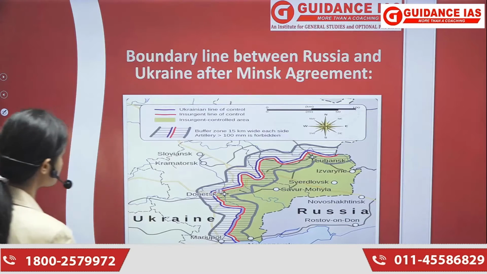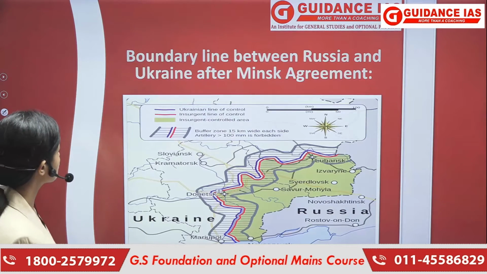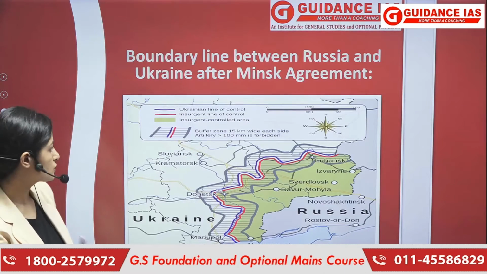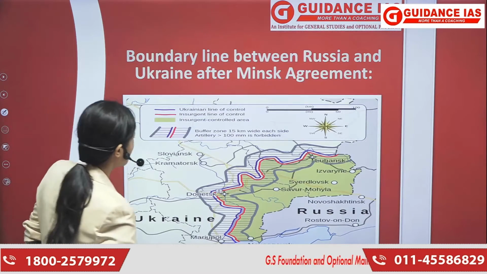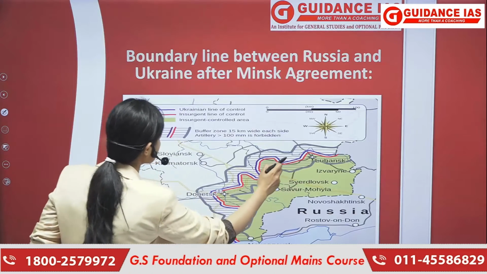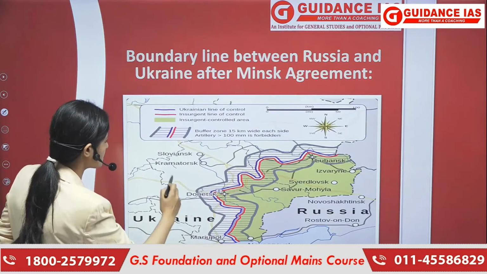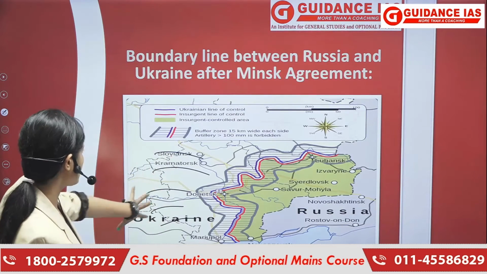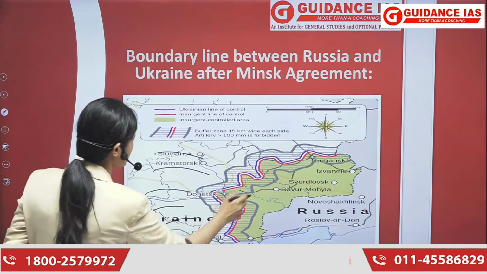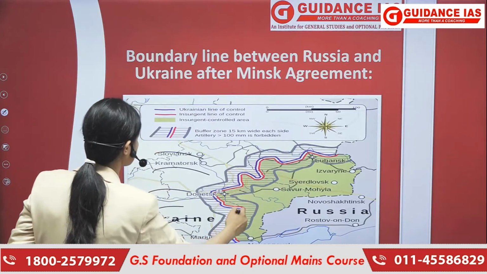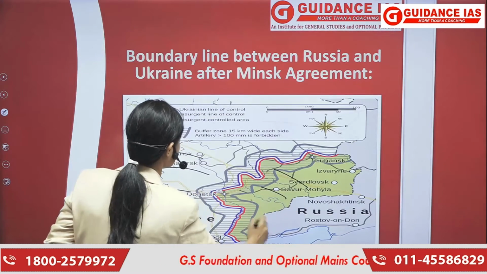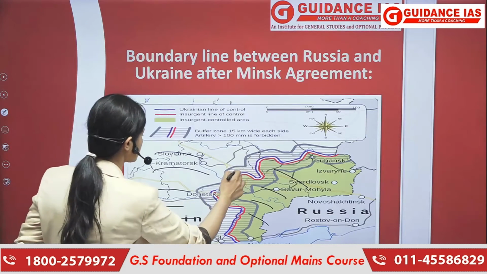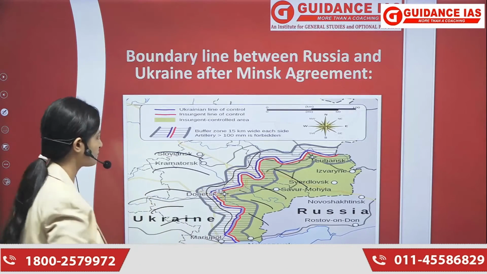All right, this is a map showing the boundary line between Russia and Ukraine after the Minsk agreement. Now what are those boundary lines? I'll tell you. The blue line you can see is the Ukrainian line of control. This area is the Ukraine one, right? The red line is the insurgent control, where you will see the Donetsk and Luhansk regions. In between, these are the buffer zones you can see, right?